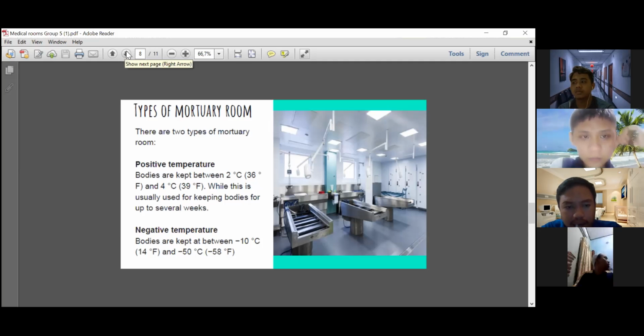And negative temperature, where the bodies are kept between minus 10 Celsius degrees or 15 Fahrenheit degrees and minus 50 Celsius degrees or minus 59 Fahrenheit degrees. Thank you.